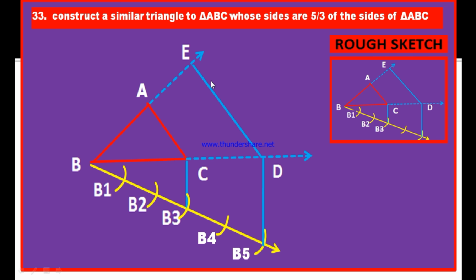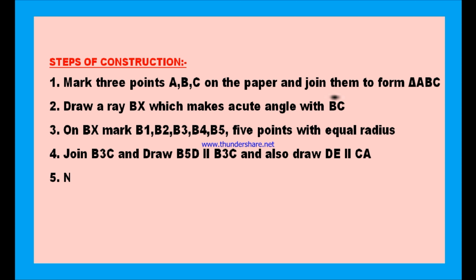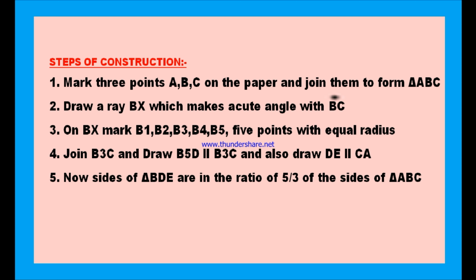Third, on BX mark B1, B2, B3, B4 and B5, 5 points with equal radii. Fourth, join B3C and draw B5D parallel to B3C and also draw DE parallel to CA. Fifth, now the sides of the triangle BDE are in the ratio of 5/3 of the sides of the triangle ABC.